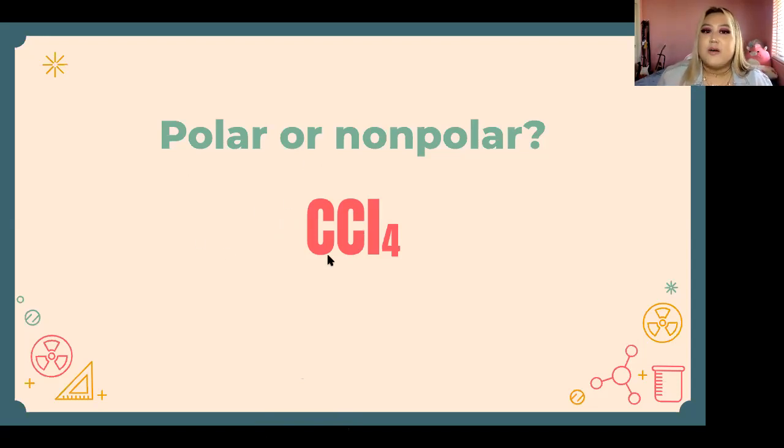Okay, so how many valence electrons does carbon have? 4. Perfect. Thank you. And then what about chlorine? Just a single chlorine? 7. Yeah, so there's 1 carbon, and then there's 4 chlorines. So how many total valence electrons do we have?